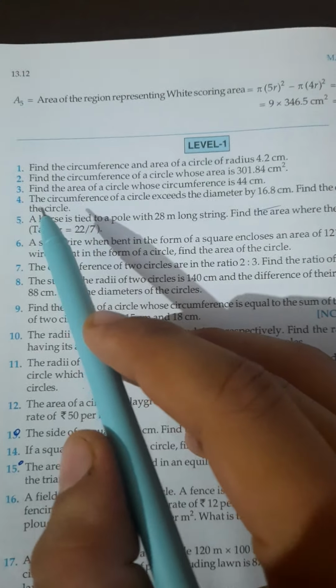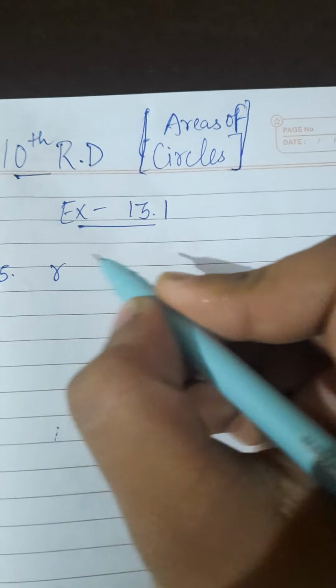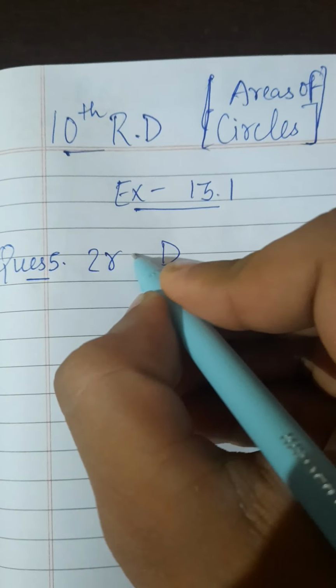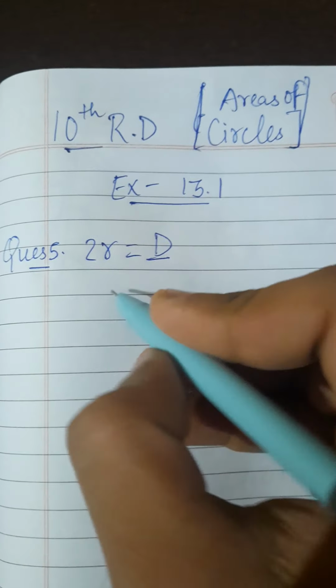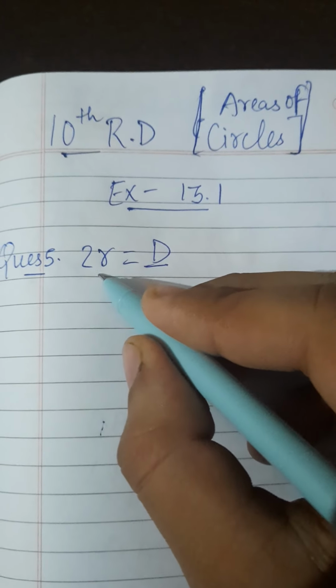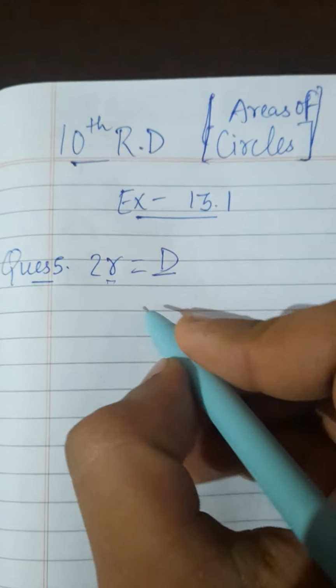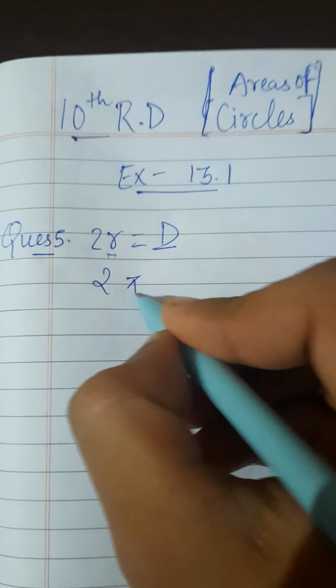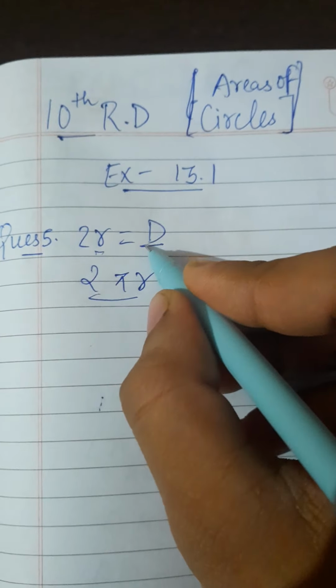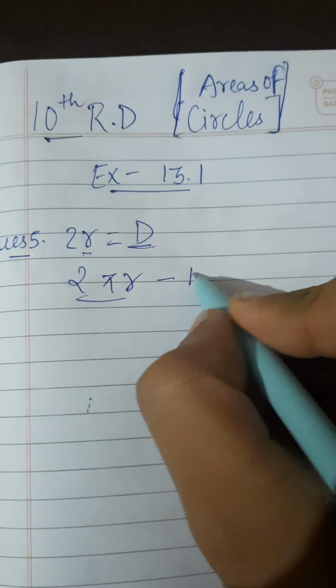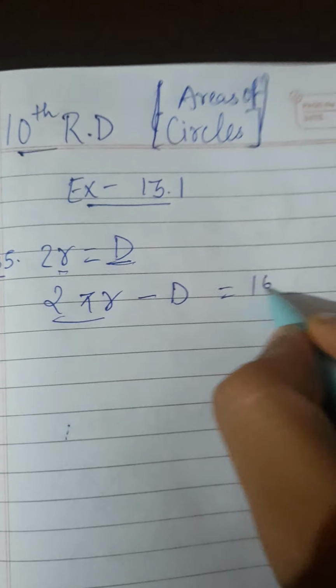If we take the diameter of the circle as d, which is 2r, and if r is the radius of the circle, then the circumference of the circle will be 2 pi r. So the question is saying that this circumference exceeds this diameter by 16.8 centimeters.